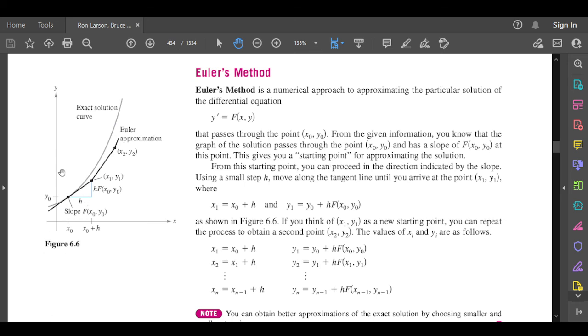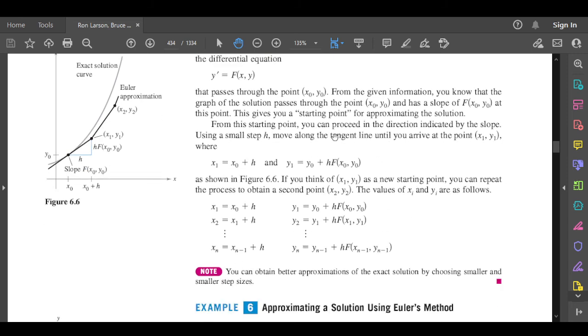For example, now in this graph, we have here the starting point, x naught, y naught, and we know that this is the slope. So, after that one, you can actually approximate the rest of the solution. And approximating that is given by these steps.